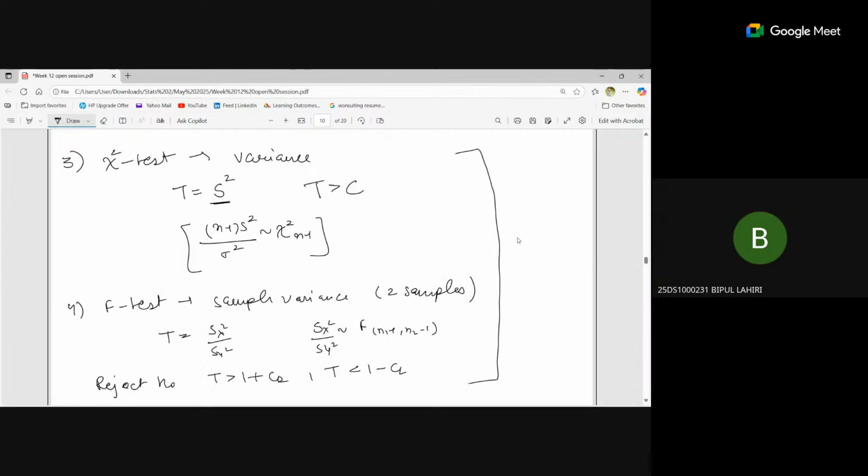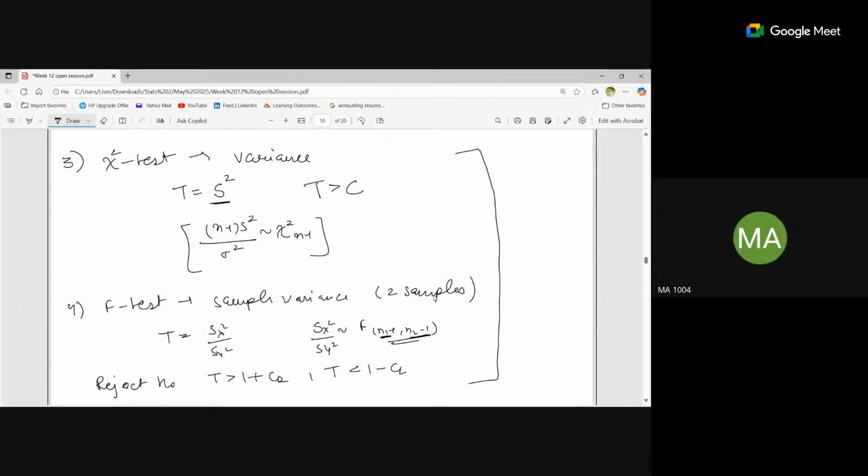It is n1 minus 1 comma n2 minus 1. So this is the degree of freedom for the numerator part and this is the degree of freedom for the denominator part.